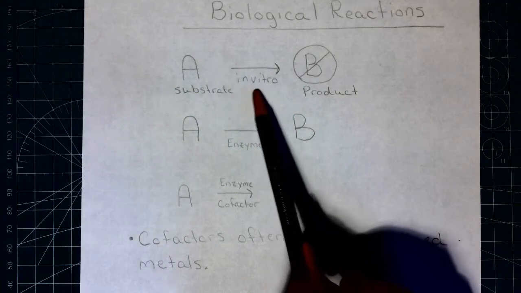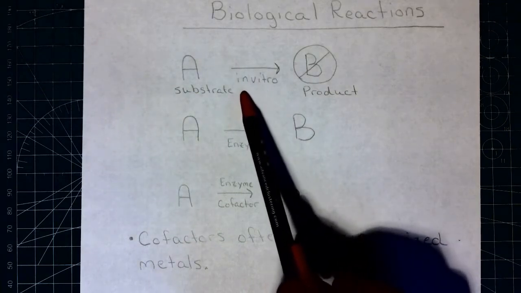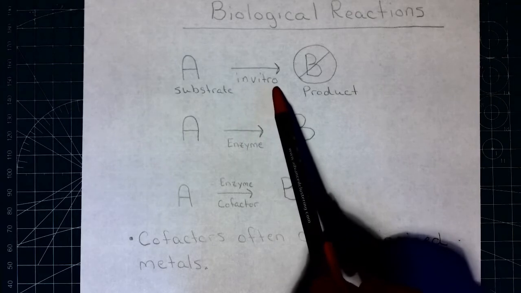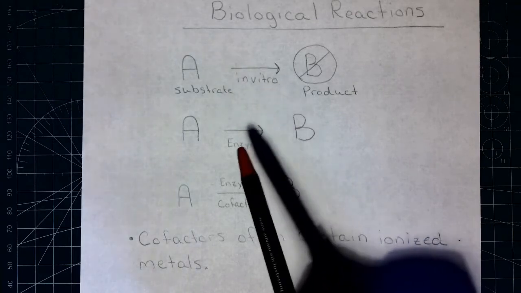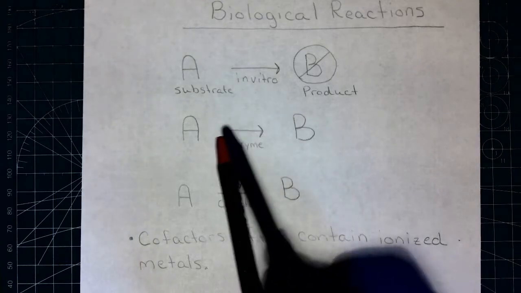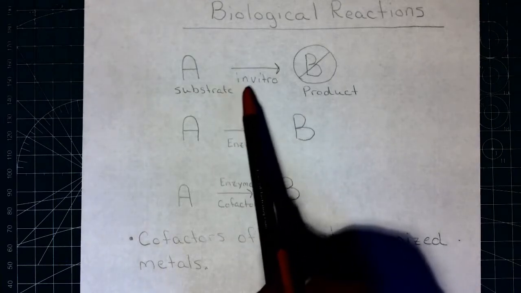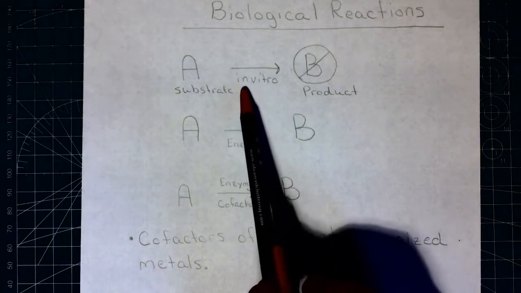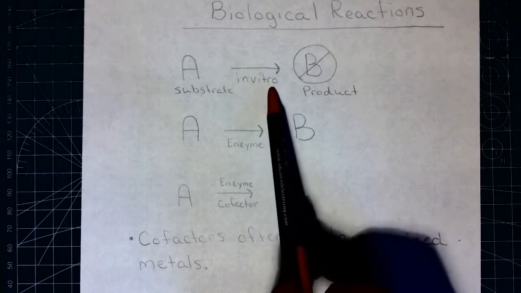And they don't use this language, but I want to introduce the idea between in vitro and an actual biological reaction, which would be called in vivo. So in vitro literally means Latin for in glass.